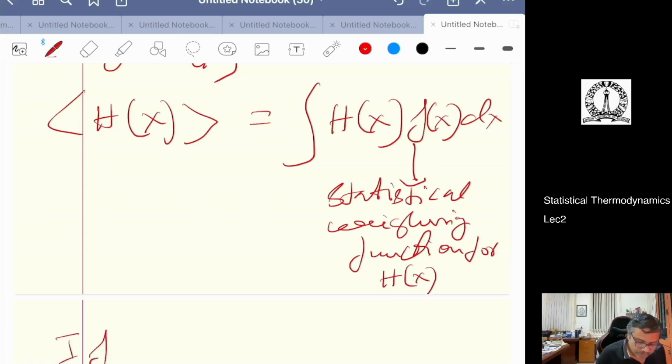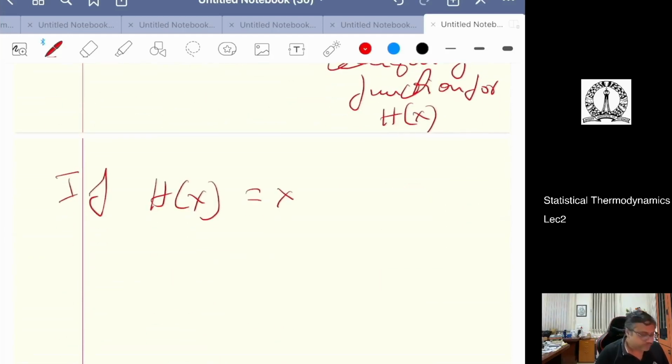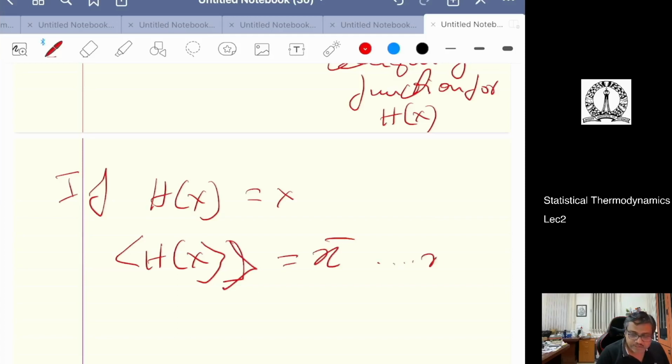Now, if h(x) is equal to x, then the average of h(x) is equal to x bar, which is the first moment, the mean.